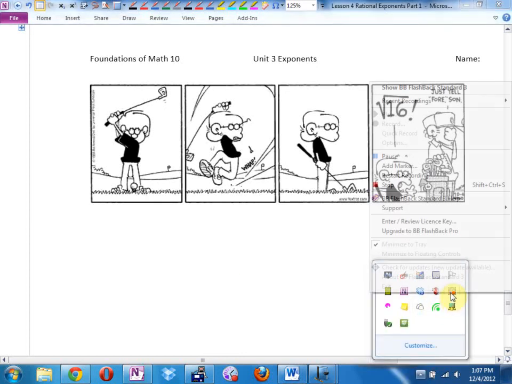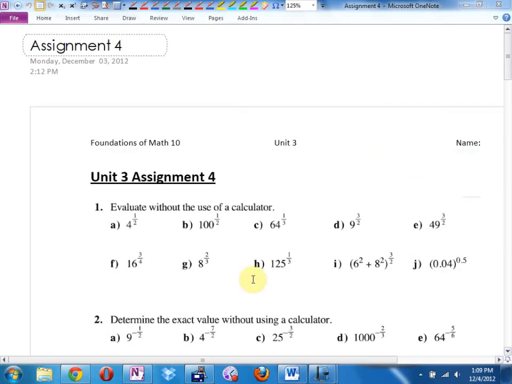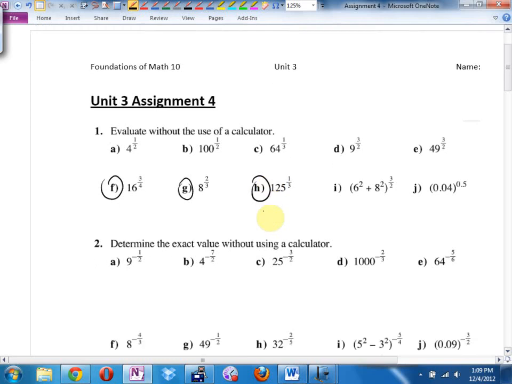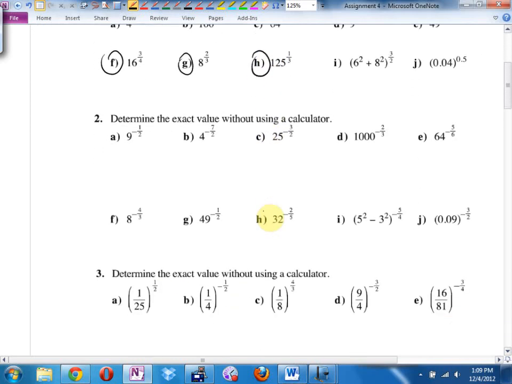What's your homework? I have an assignment to give you. Here we go. I think I'm going to go number 1. Which ones? How about F, G, and H? Number 2, oh, they're using negative fractional exponents.